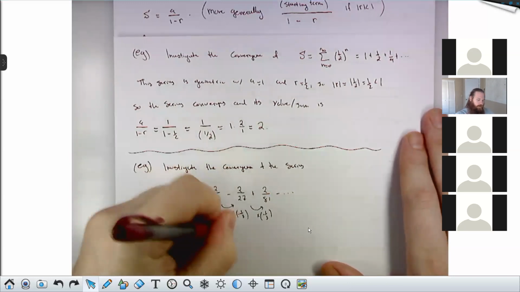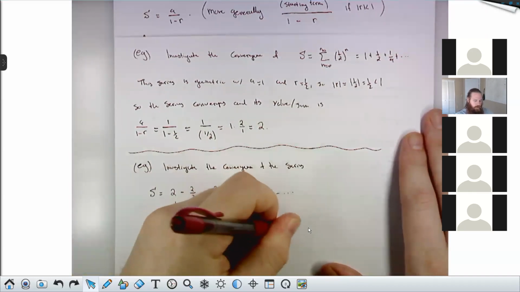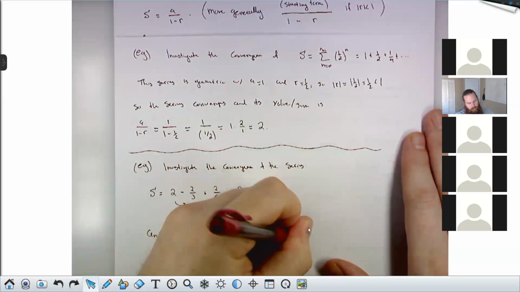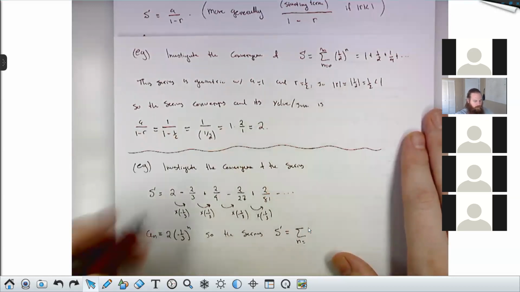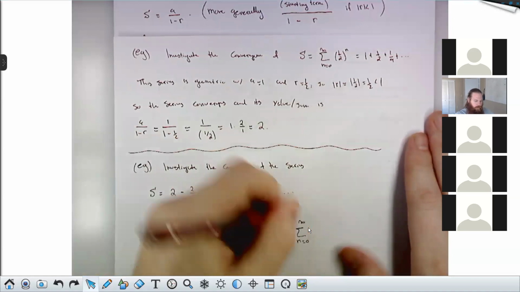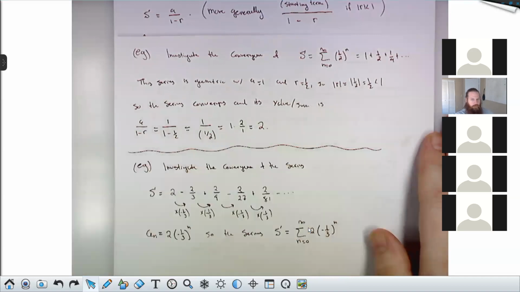So the series S is the sum from n equals, in this case, this works if n starts at 0 to infinity of 2 times negative 1/3 to the n.